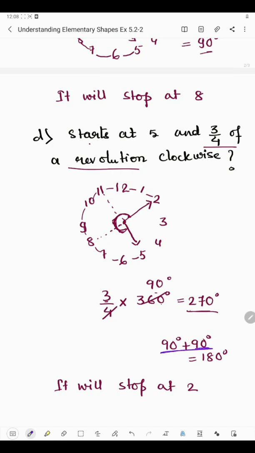Now there is another way of doing this. We know that 2 times 90 degrees makes 180 degrees, and 180 degrees plus 90 degrees makes 270 degrees. That means if the hands of a clock start at 5 and make 180 degrees, it makes a straight line, because a straight line forms 180 degrees, and then we need one more 90 degrees to make 270 degrees. So if it makes one more 90 degrees, the hands of a clock will stop at 2 o'clock, right?